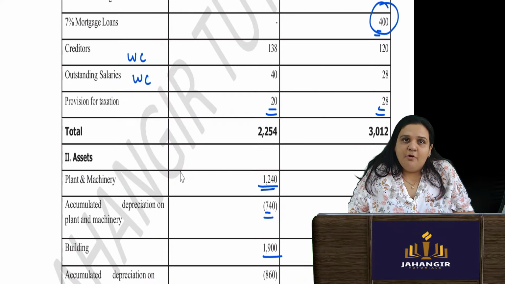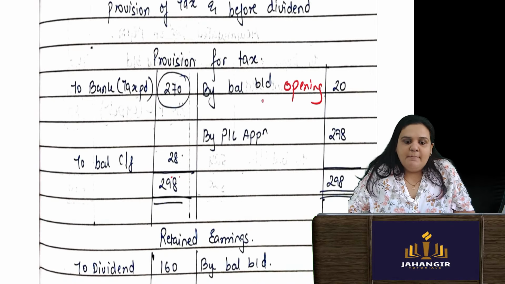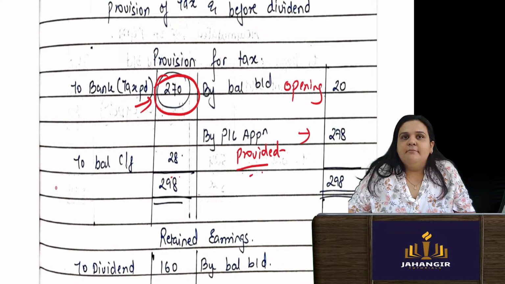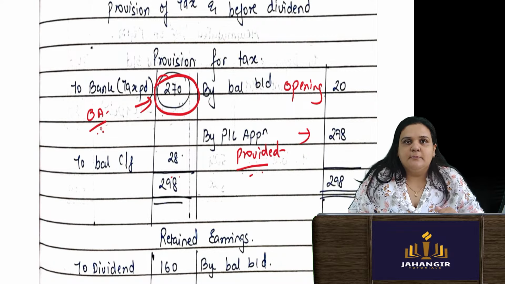They have also told me that from the PNL, provision was done of 278 lakhs. So that will be by PNL provided 278 lakhs. So the balance will be what? Tax paid. It will go in operating activities. At the end, I will subtract this amount of tax.